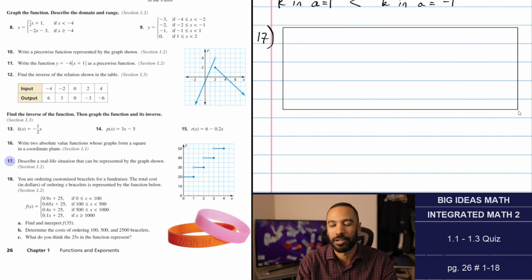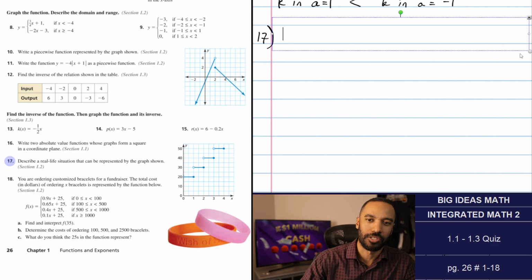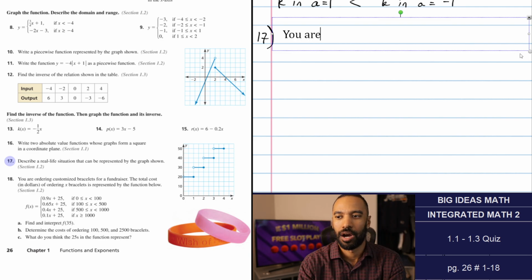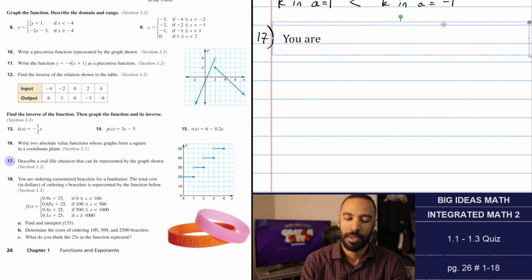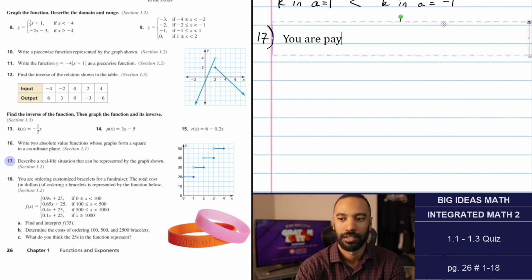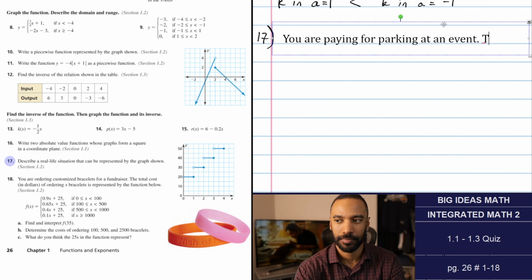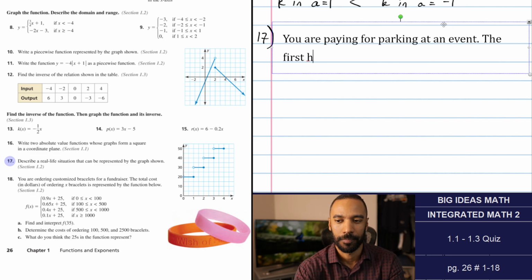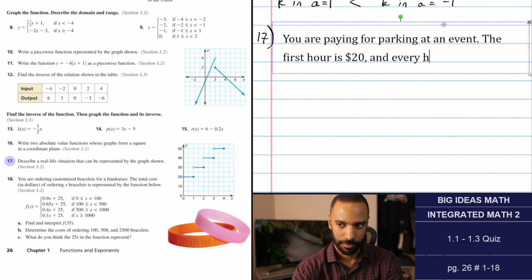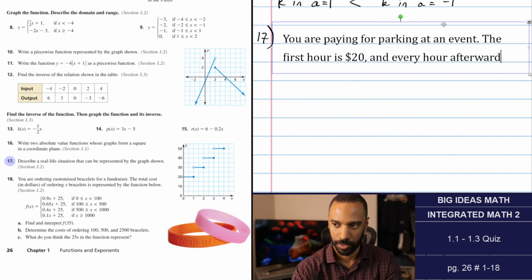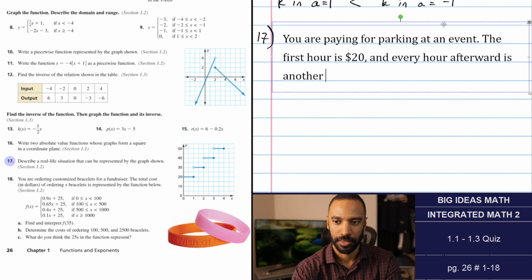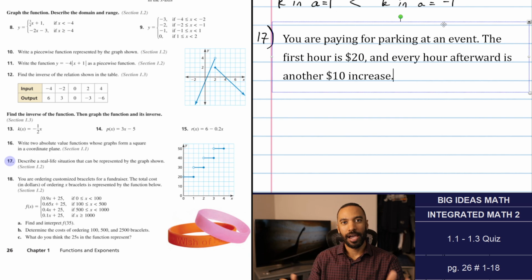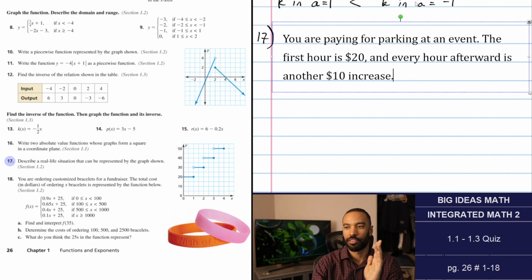So there are a bunch of things you can do, but I'll say you are paying for parking at an event. The first hour is $20, and every hour afterward is another $10 increase. Now, the idea behind this is you are $20 for the first hour.